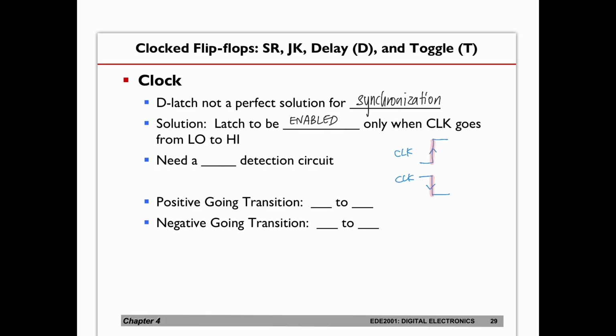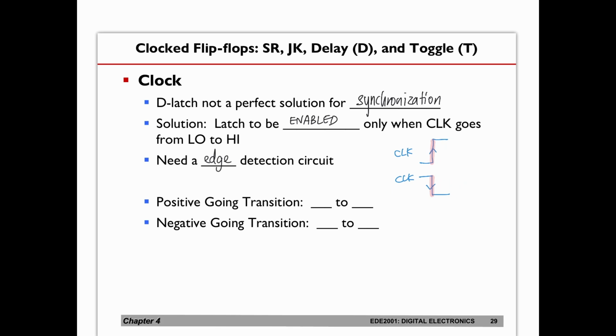After that, we don't care. The moment after this transition from low to high or high to low, we do not want the latch to be doing any work or making any change. We only want the latch to be enabled when the clock goes from low to high or high to low. So what we need here is an edge detection circuit.